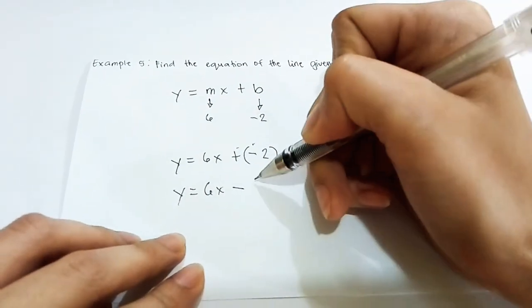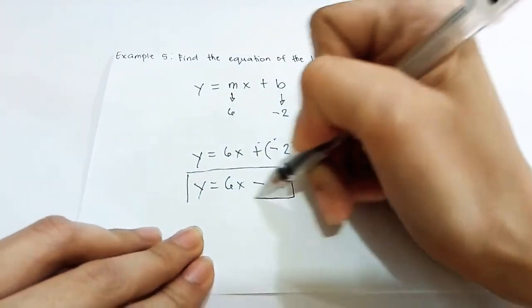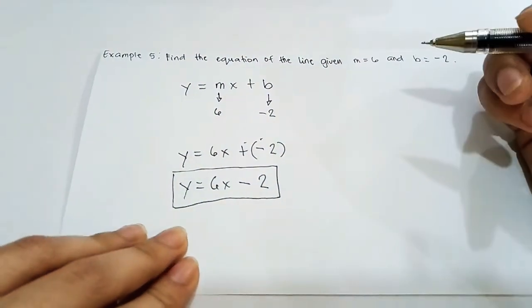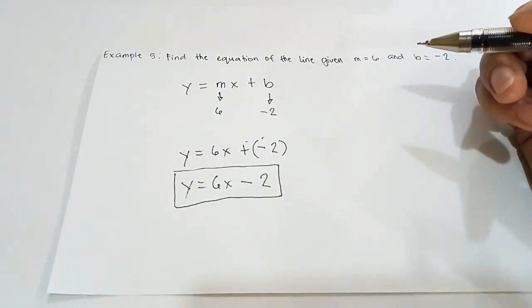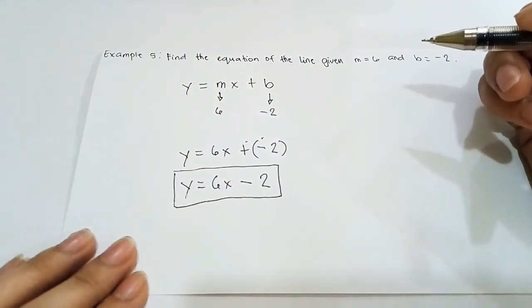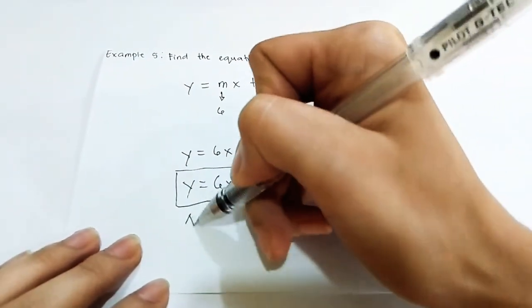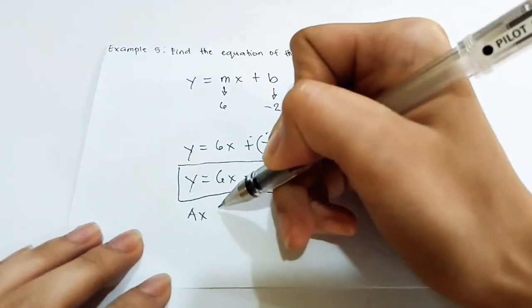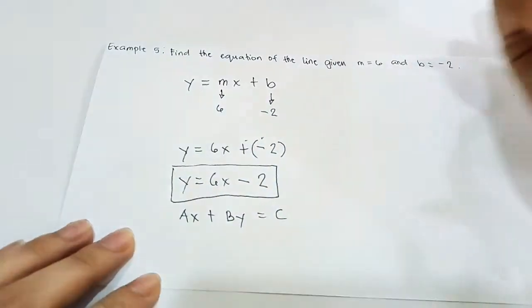So we have 6x minus 2. So we have now an equation in slope-intercept form. But we can still convert or transform this equation into the standard form. So the standard form of a linear equation is ax plus by equals c.